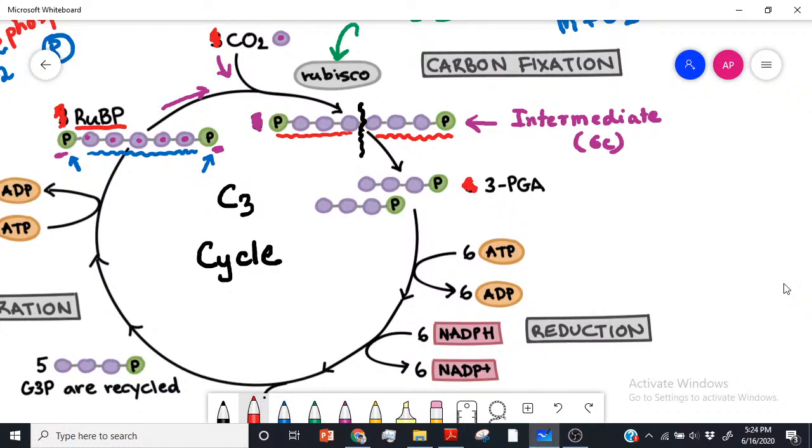The next step, we break down this into two 3 carbon containing halves. Understood?